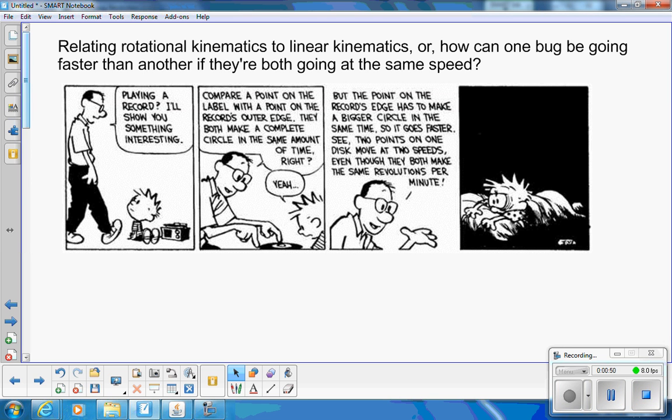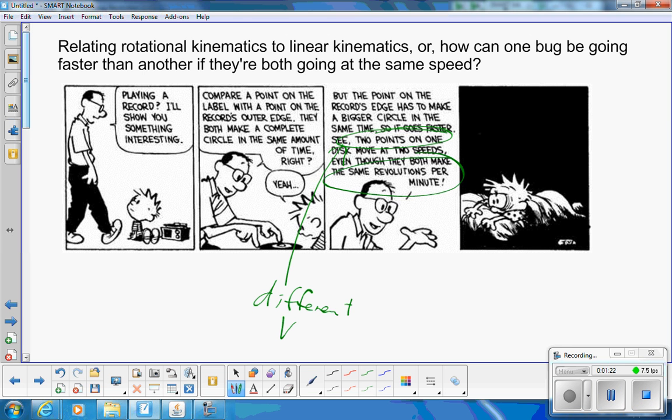So the point is that the two different points on a rigid rotating object are both rotating together in the sense that they both have the same angular velocity. So when Calvin's dad talks about the different speeds of the 2 points, he's saying that the 2 points on the record on one disk have different linear velocities, v, that are going different numbers of meters per second, but they both make the same revolutions per minute.